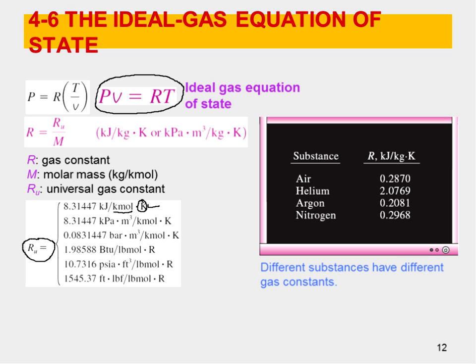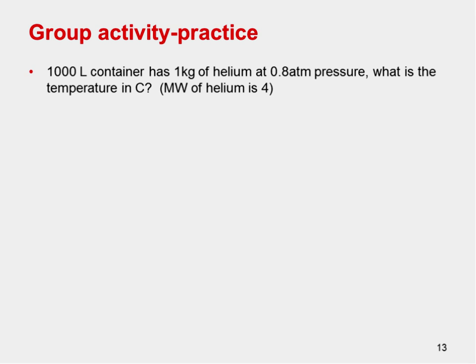Remember that that's a unit of work, newton meters or kilojoules, which this combines as PV. So the pressure has to be in pascals, or kilopascals in this case because you have the kilo here, and the volume has to be in cubic meters. So you have to look at everything, and in this class that is very important. This is one of the group activities we'll do using the ideal gas law, so take a look at that expression. You also have copies of the slides, so you can review that.